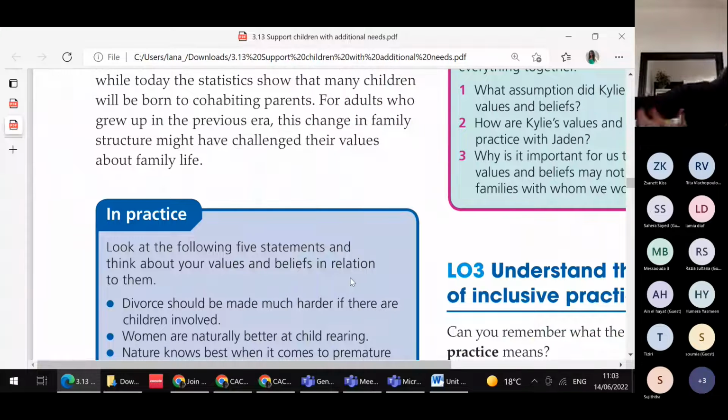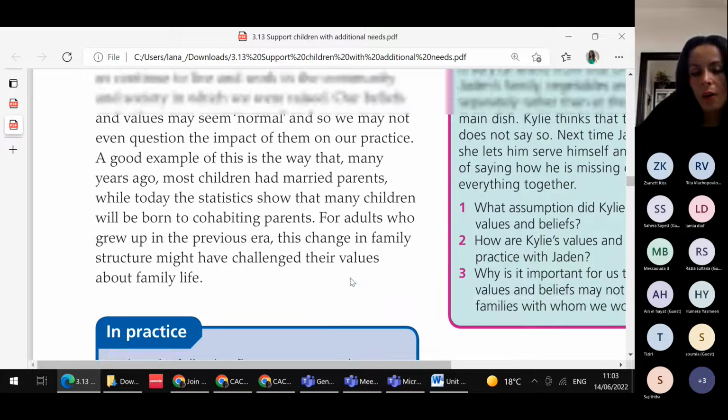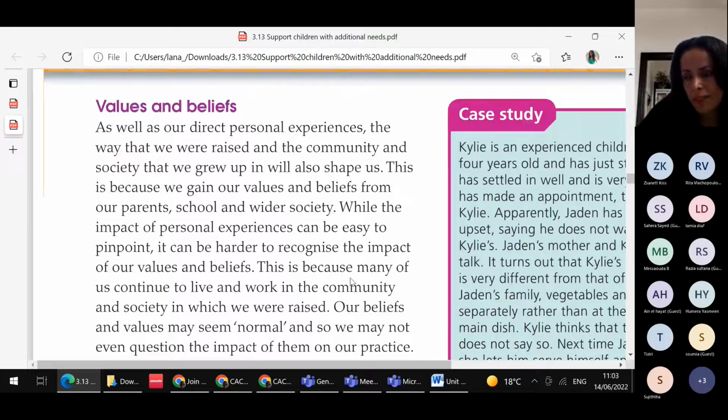But he's from a different generation, and looks at this situation as wrong. Yeah. Our values and beliefs could affect the way we act with others.